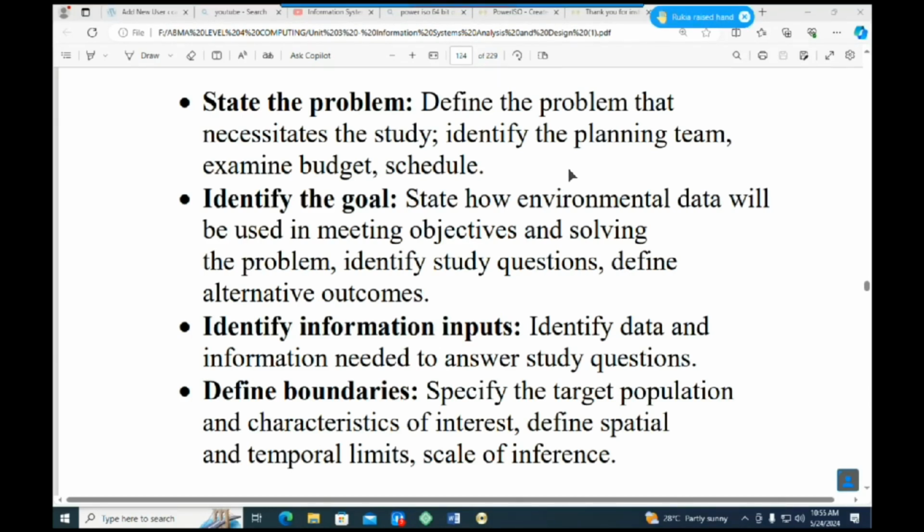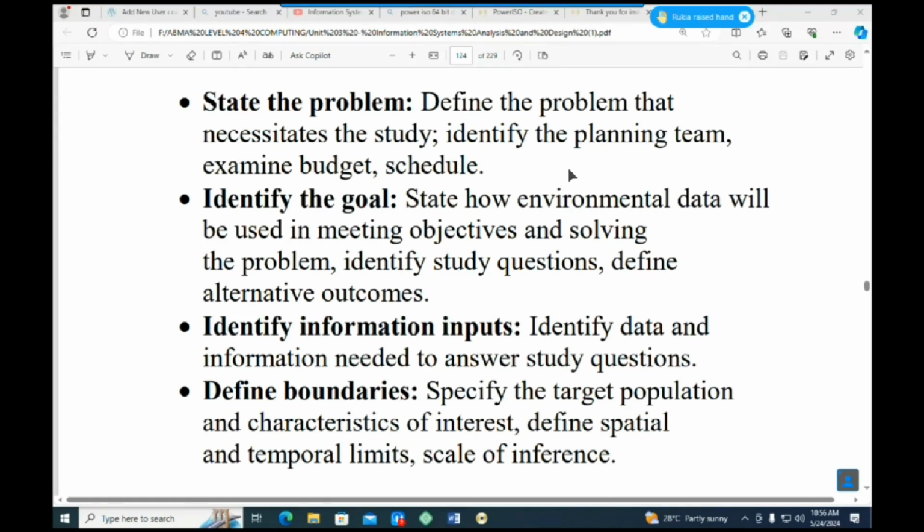So back to what we were talking about. We said the first step is stating the problem, and in stating the problem, there are a number of things that are happening, and the first one is to define the problem that is actually causing that study. Then number 2, we need to identify a team of people that are going to be responsible for the planning. Then we need to look at the budget.